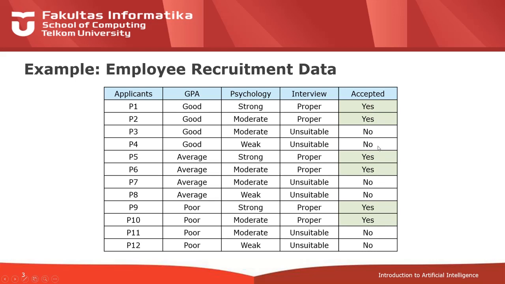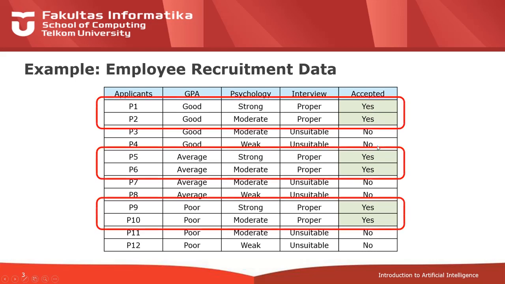This will be the output attribute. Okay. So let's move on. We want to know how to determine if the applicant should be accepted based on the input attributes of the applicant.